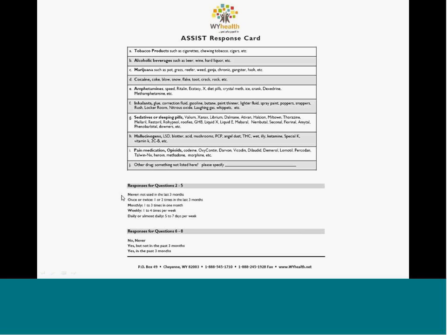Also, scoring for the ASSIST is right here for questions 2 through 5, and then questions 6 through 8 are scored a little bit differently, but these are here for your benefit as well as for the patient to see how their answers are being scored.